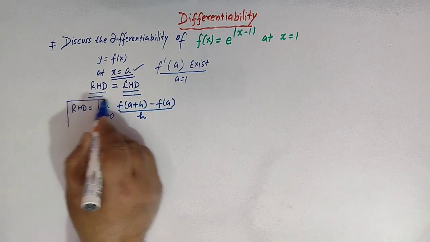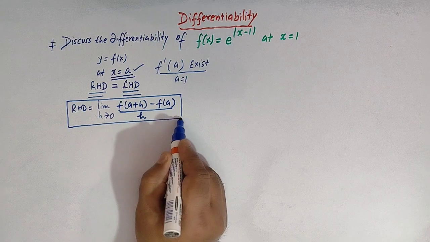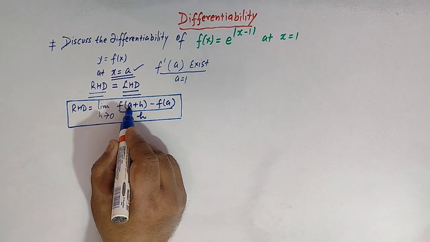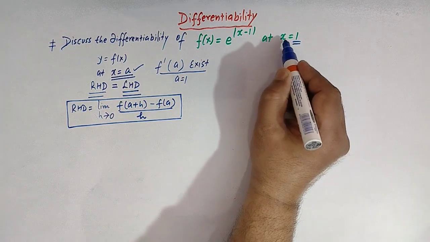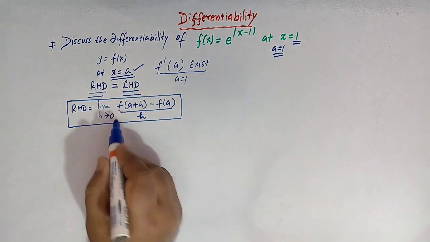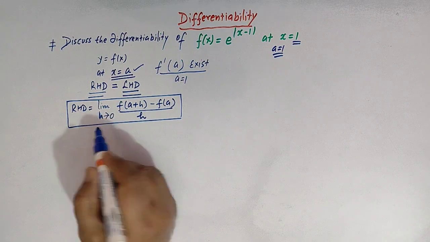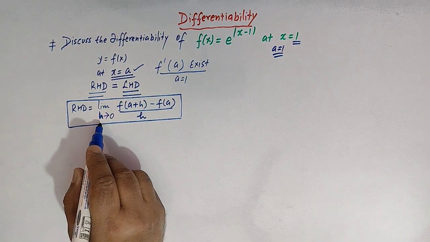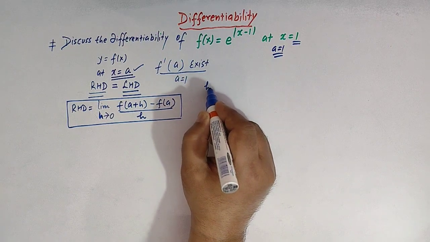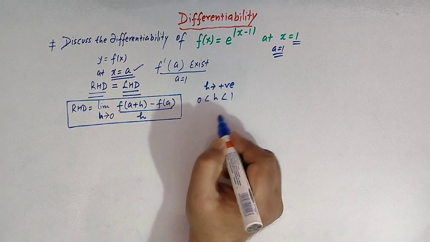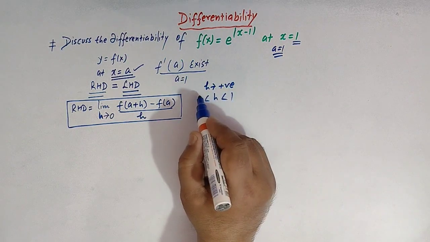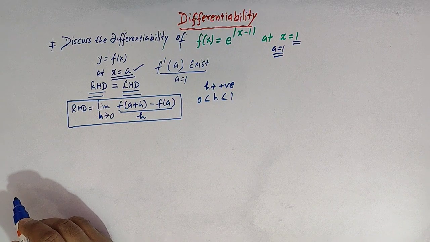Here a is the point under consideration, and this point a is 1. Here h is a very small quantity, h is positive, and it lies between 0 and 1, so h is infinitesimally small.